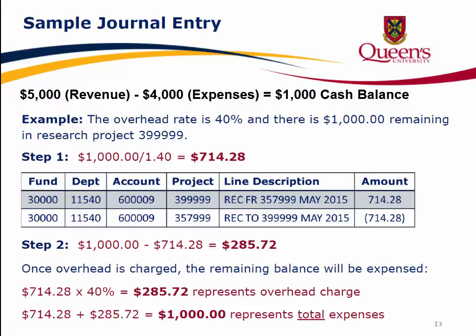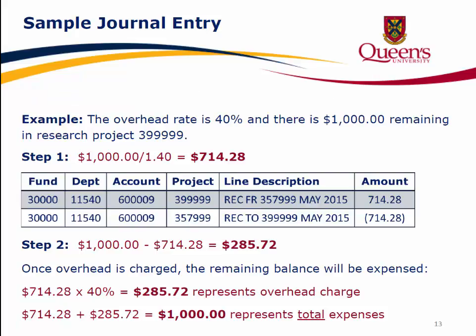This would result in an available cash balance of $1,000. In this case, additional expenses have been identified as being eligible to be charged to this project in order to fully spend the funds. We will assume a 40% overhead rate applies to all direct expenses within the project.